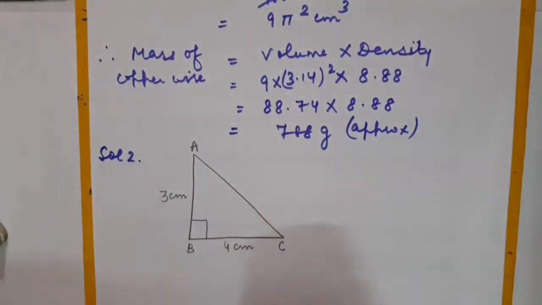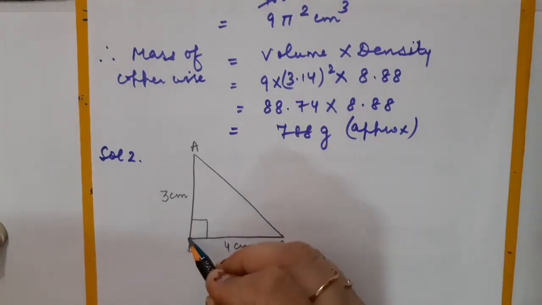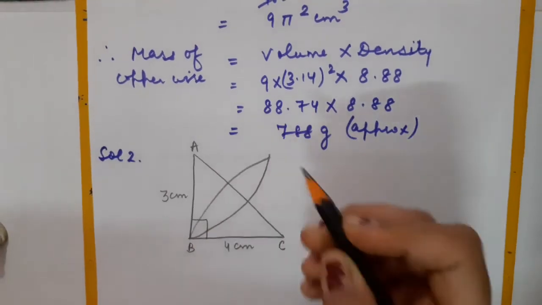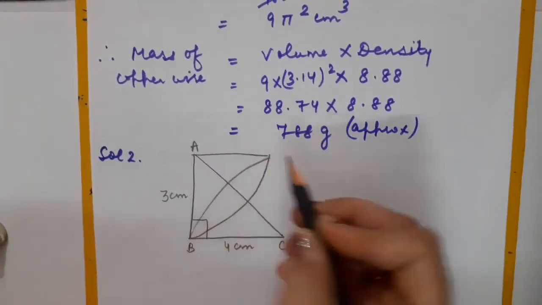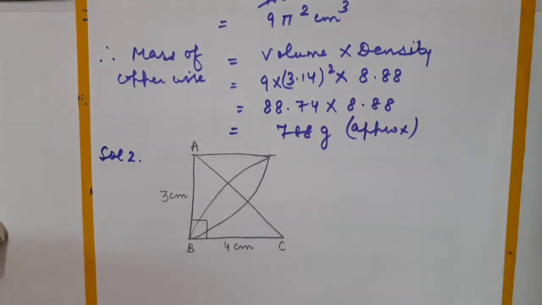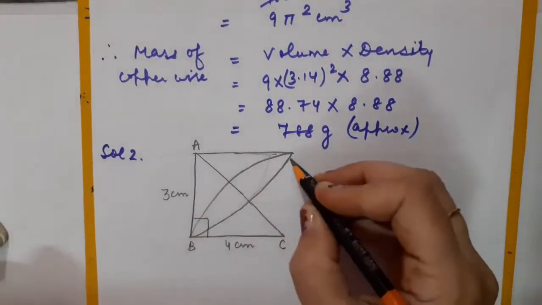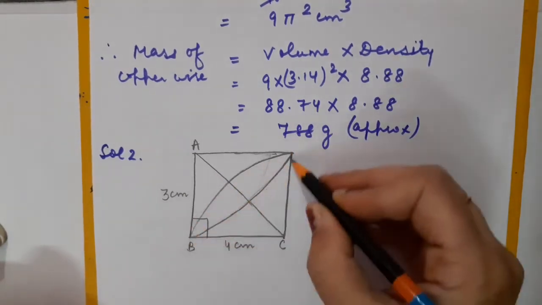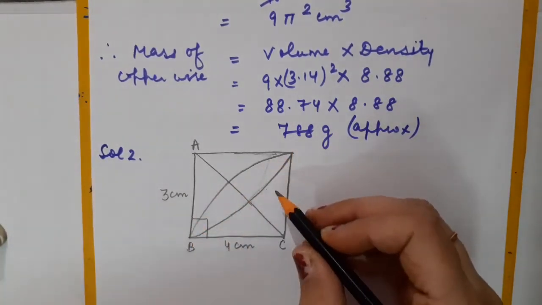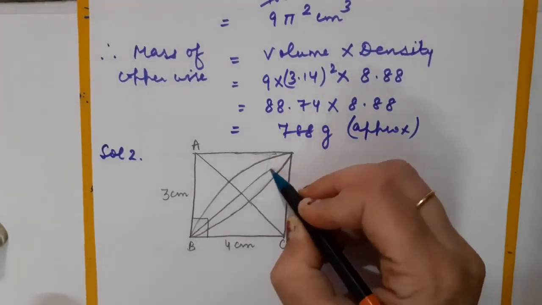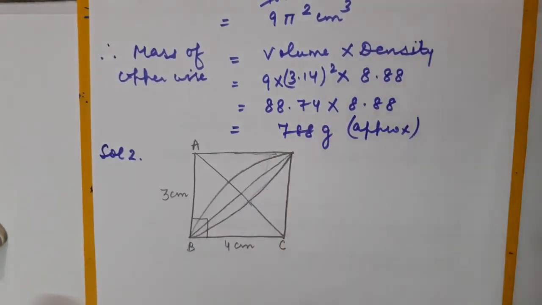So let us draw that round now. It would be formed like this. Correct? Here you can bring it a little bit forward. So now I am just going to join them. Here, children, you can see that this is nothing but the base of the cone and there are two cones formed. Correct?